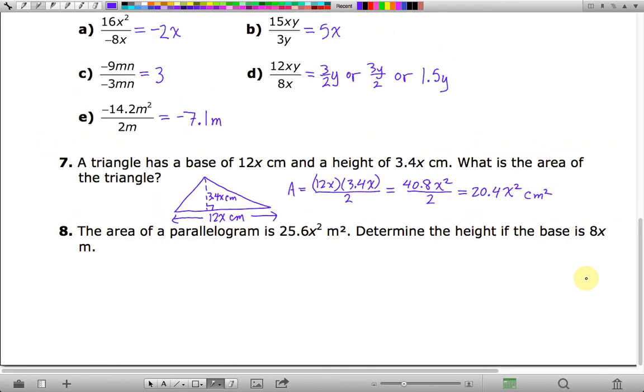Next, we'd like to look at a question where we're going to be dealing with division. We're told that the area of a parallelogram is 25.6 x squared meters squared. We want to determine the height if the base is 8x meters long. So just doing a rough sketch of this parallelogram, it would look something like this.